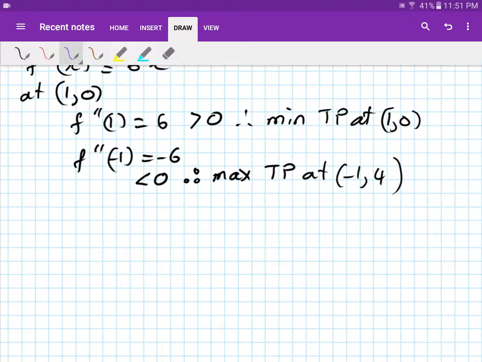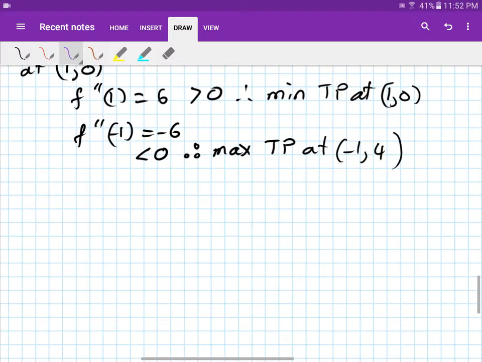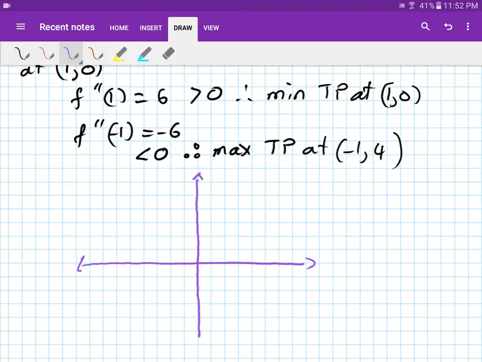Now I just move this a bit so I got more space, and I might make it a bit bigger, but anyway, so we just draw this first. Okay, so this is the y-axis, and this is the x-axis. The turning point is (1, 0).